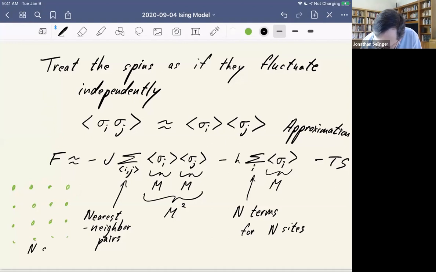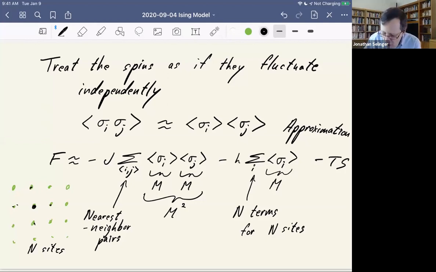And then we can say, well, for each of the sites, how many neighbors does it have? Well, in this case, each site has 4 neighbors: 1, 2, 3, 4. If it were a different kind of lattice, it would have a different number of neighbors. So, for example, if it were a cubic lattice in 3 dimensions, then each site would have 6 neighbors. It would be these 4, east, west, north, south, plus up and down. So 6 in all.